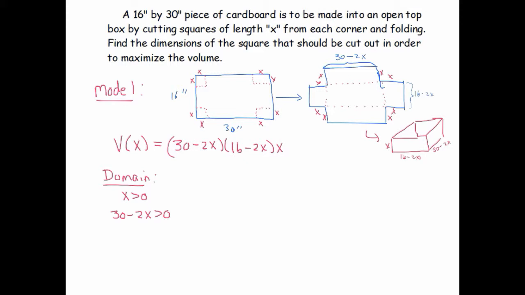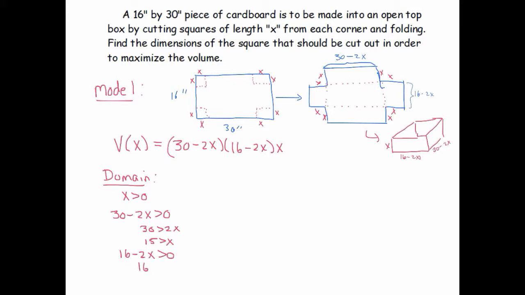If you solve this little inequality, that tells you that 30 needs to be bigger than 2x, which means that 15 needs to be bigger than x. Okay, so now we know x has to be in between 0 and 15. However, the same needs to be true of our other side of the box. 16 minus 2x, that side length, needs to be positive.